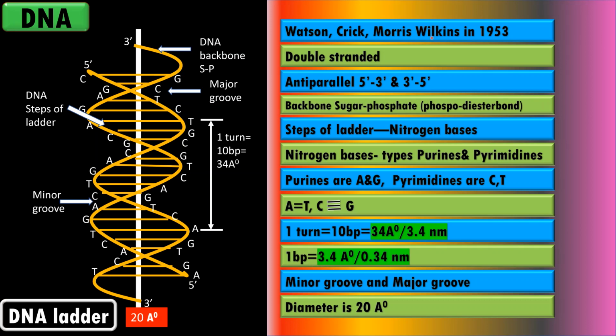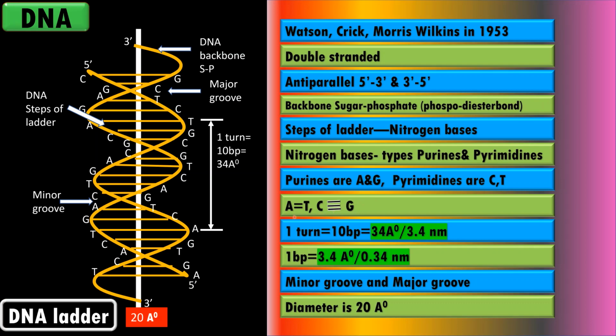Let us revise quickly all the points in the structure of DNA. What they said is the DNA is double-stranded and anti-parallel. Anti-parallel means the 2 strands are opposite of each other. The backbone of the DNA is made up of sugar and phosphate, whereas the steps of the ladder are made up of nitrogen bases. There are purines and pyrimidines. Purines are adenine and guanine, and pyrimidines are cytosine and thymine.